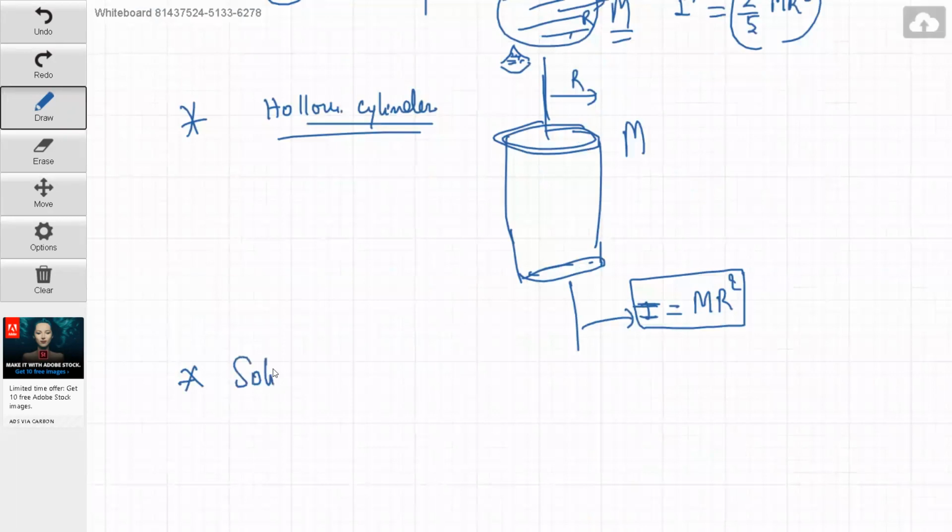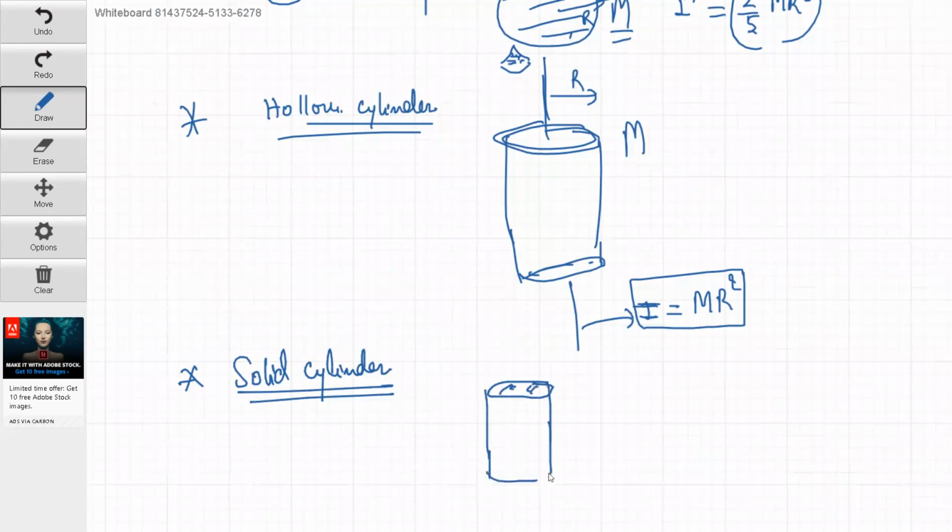Now, solid cylinder. This is a solid cylinder. Its radius is also r and its mass is also m.